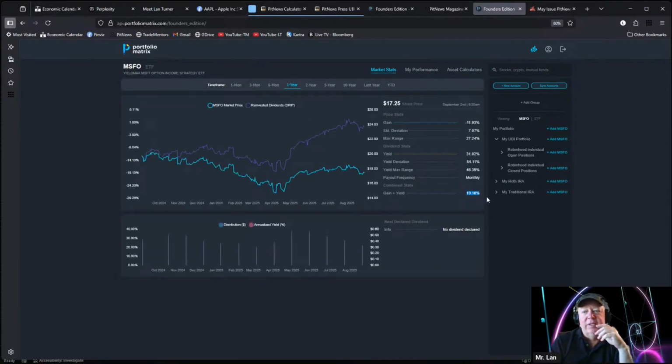MSFO was 19%. So there again, you would have been better off being in Microsoft over the year to get a little bit higher return, but it wouldn't be giving you money, right? Now, you have to take that into consideration because remember, linear growth versus compounded growth, right?